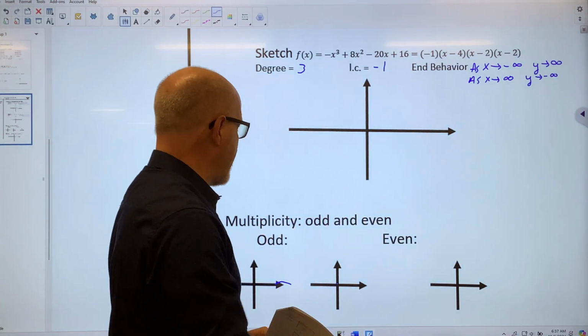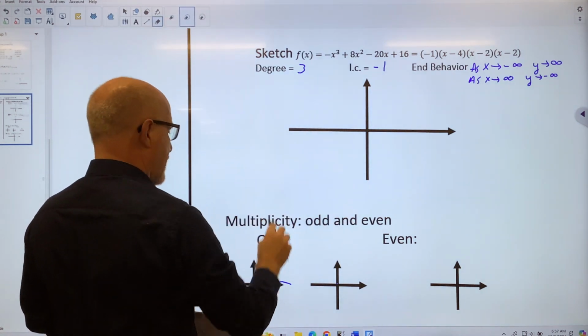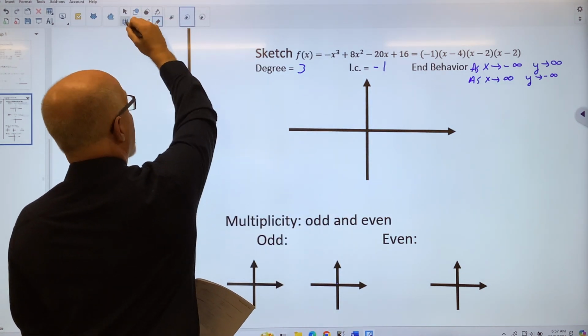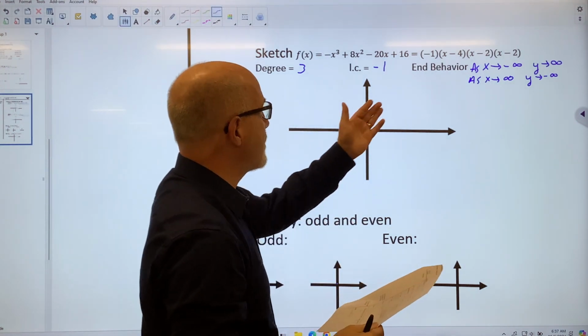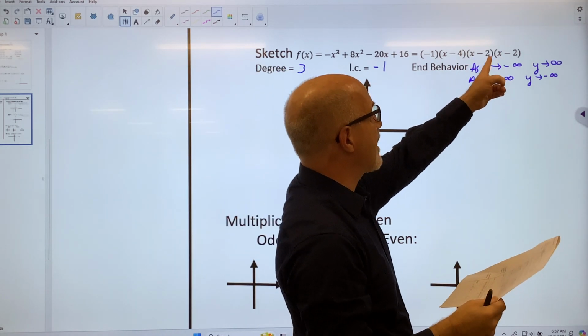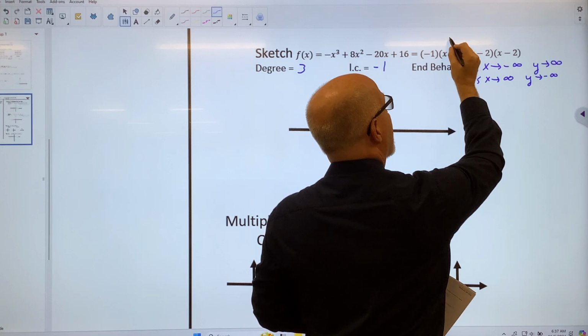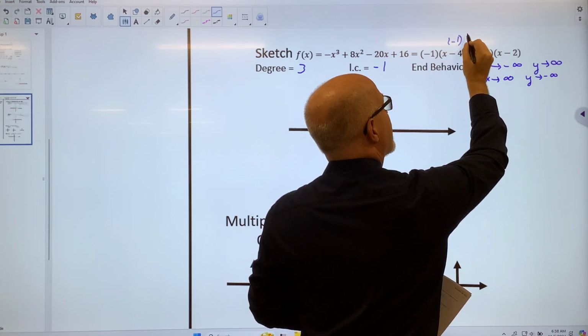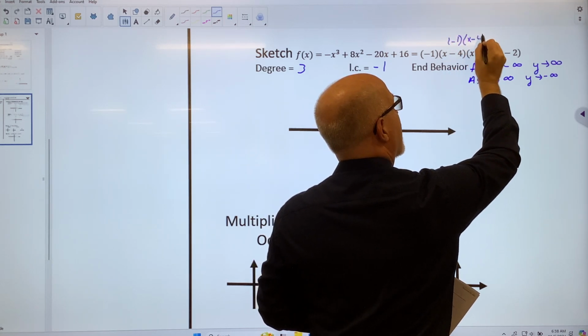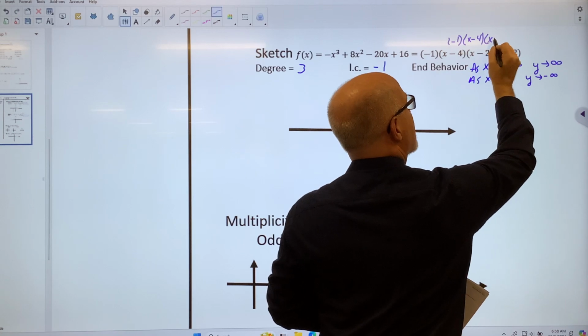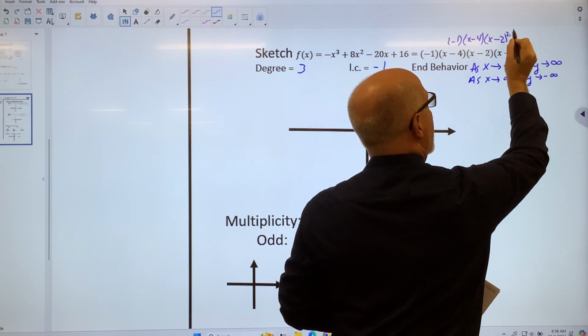Now let's take a look at what that graph looks like. Look at these factors and how this has worked out. Notice on this one, I've got 2 factors of x minus 2. Another way to write this would be -1 times x minus 4 times x minus 2, the quantity squared.